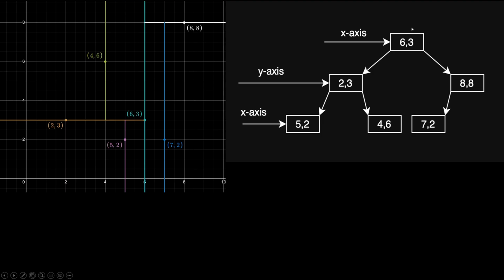We have (6, 3), which splits along the x-axis. We have (2, 3), which splits along the y-axis. Same with every other point: (8, 8) on the y-axis, (5, 2) on the x-axis, (4, 6) on the x-axis, and (7, 2) also on the x-axis.